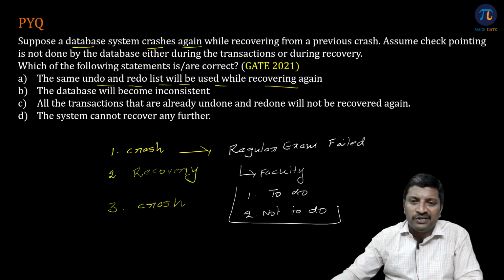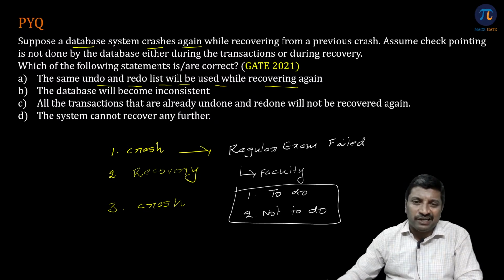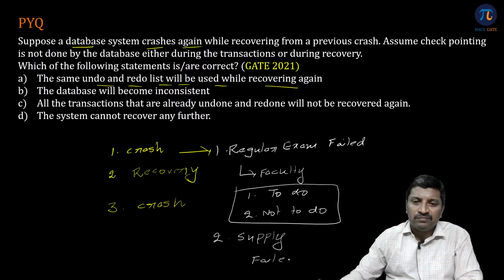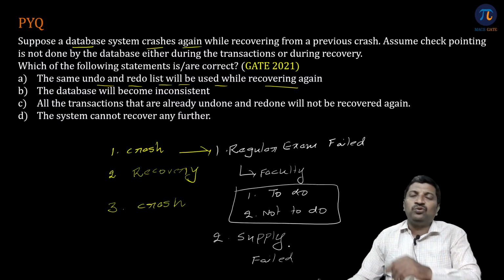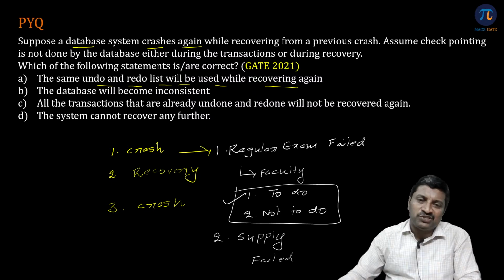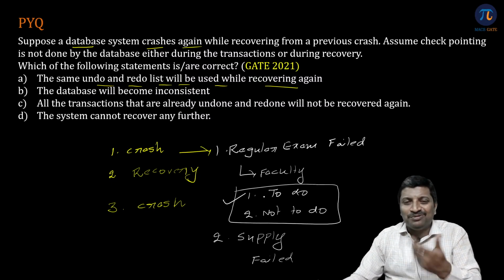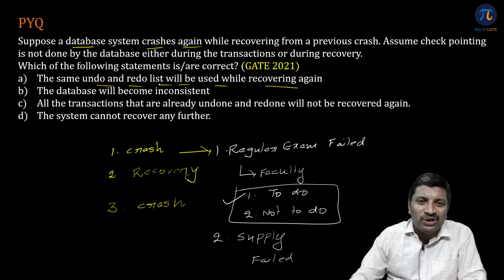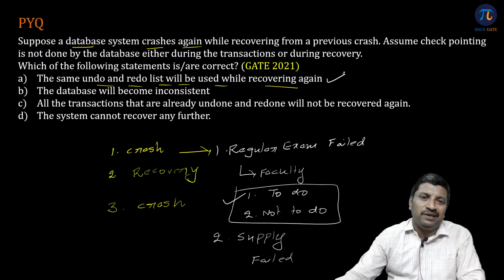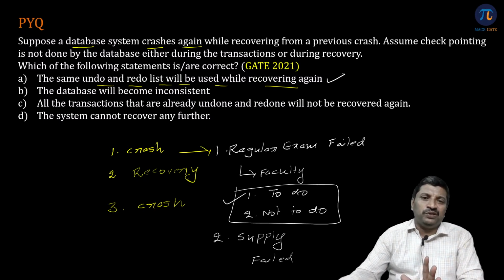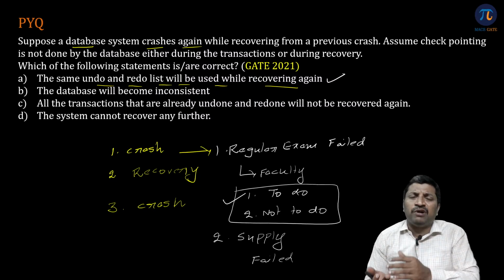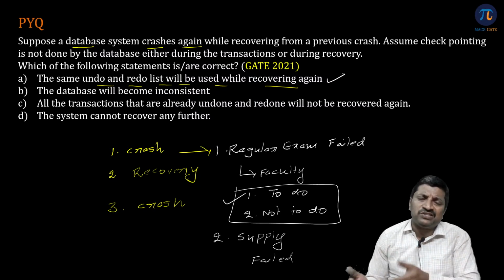So the list you already got. Again you wrote for the second time, the supply exam. Again you failed. Then we don't go to the faculty again, sir. We will use the same list, right? Because the faculty don't give again. So the same undo redo list will be used while recovering again. Hope you understood it. Because that is the list I need to follow to recover, either it is the first time or second time or 10th time. That's it.